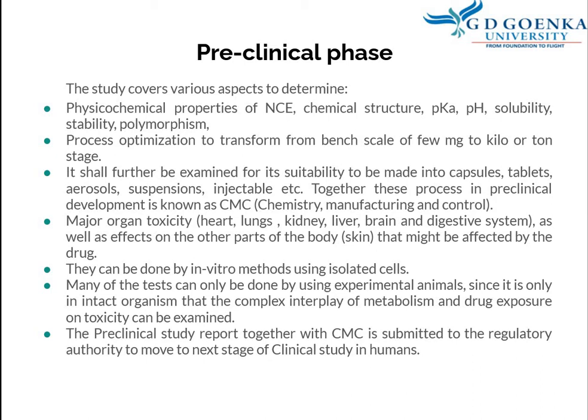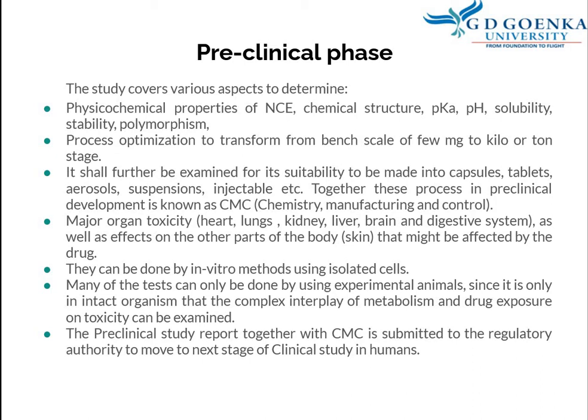Thereafter, major organ toxicity is studied in animal models. Organ toxicity is studied in the heart, lungs, kidney, liver, brain, and digestive system. Not only that, it is also studied for toxicity effects on different parts of the body, such as the skin.